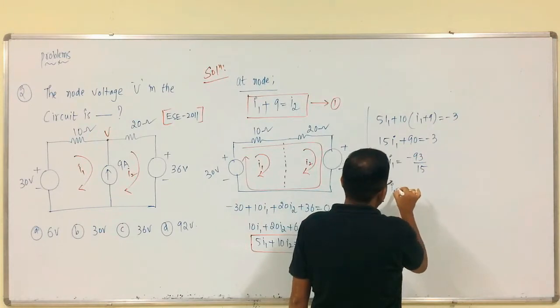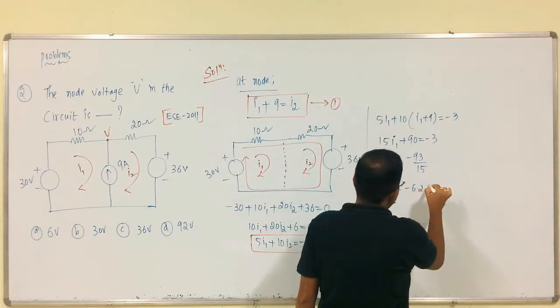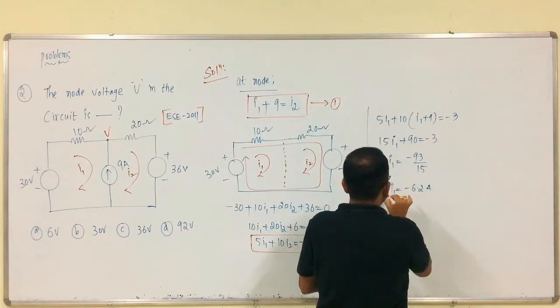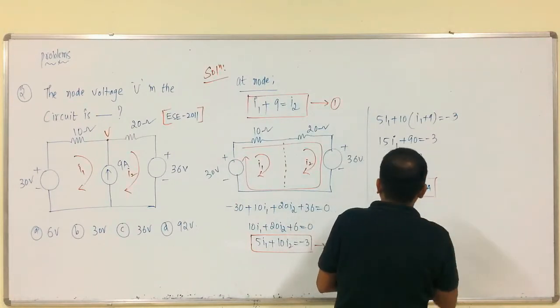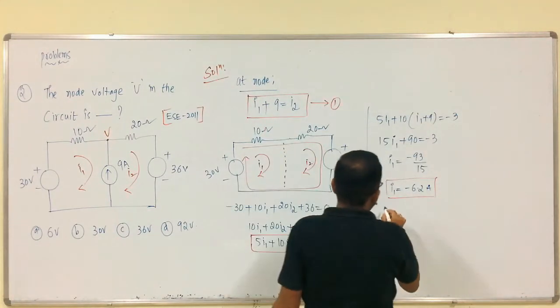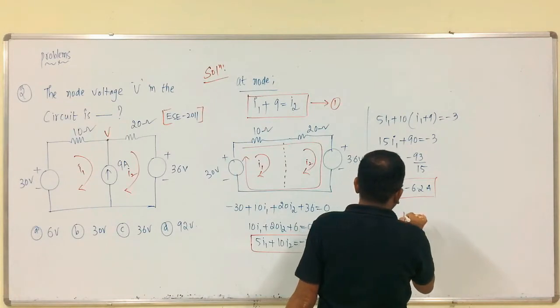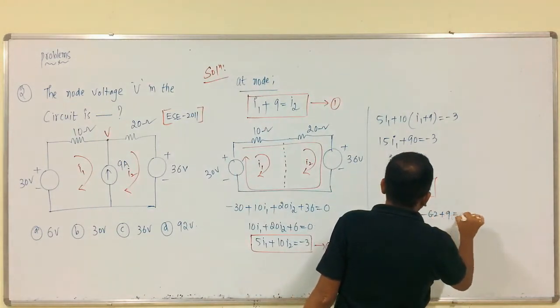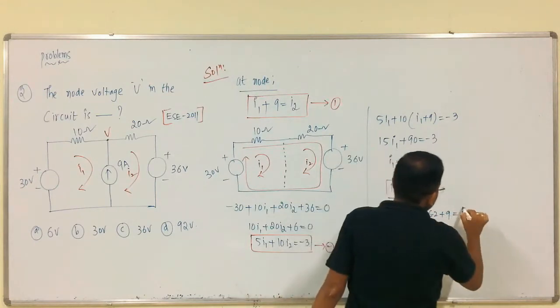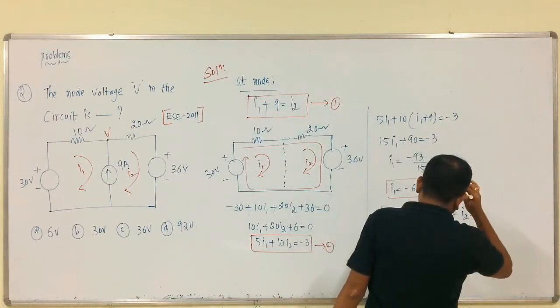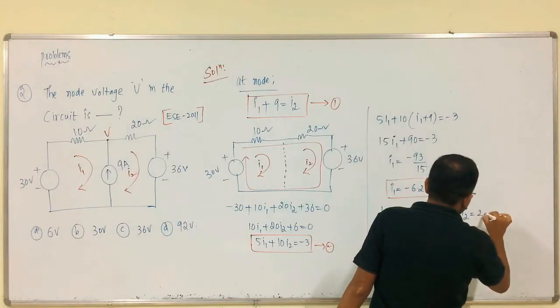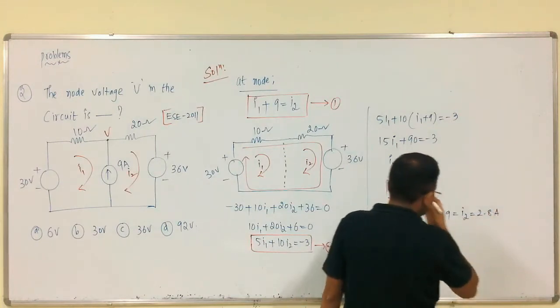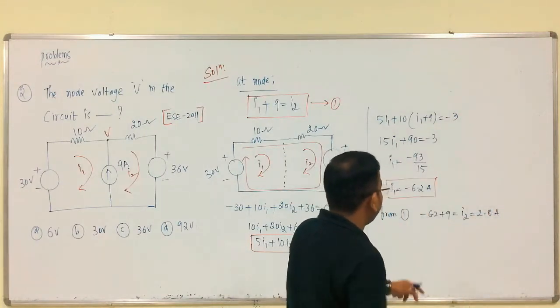Therefore, we are getting I1 is equal to minus 6.2 amps. Therefore, I1 plus 9 from 1, minus 6.2 plus 9 is equal to I2, which is equal to 2.8 amps.